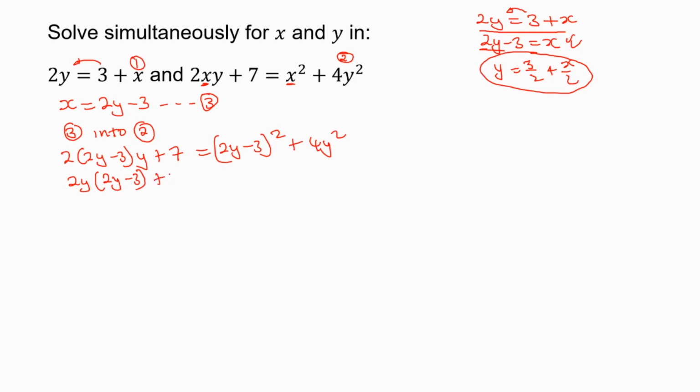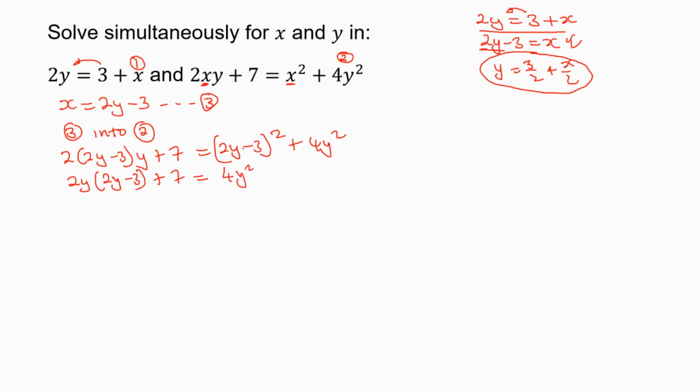And then plus 7 is equal to, right, we've been talking about squaring a binomial. So I'm going to explain it here without doing it by the side. You should know it by now. If you didn't get it in the previous one, check the previous question, it is there. We talked about how to square a binomial. So we say 2y squared, which is 4y squared. That's the first part.